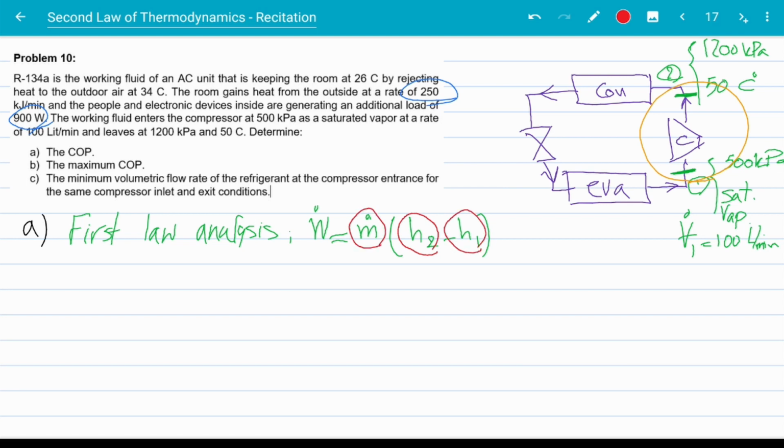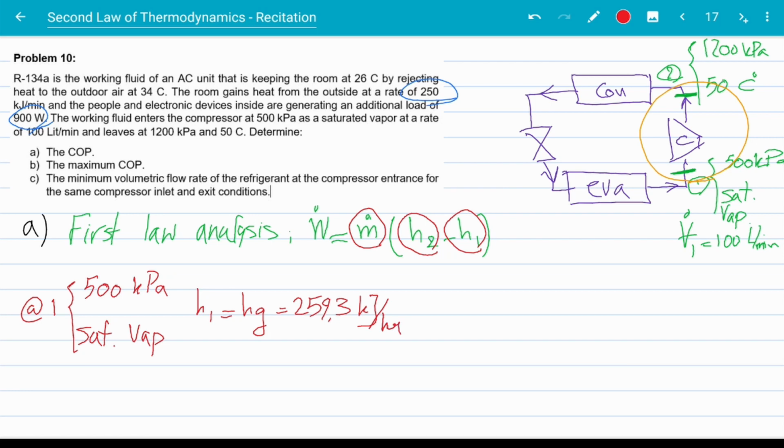Let's start with H1. So at state 1, we are dealing with 500 kilopascals pressure and saturated vapor. So H1 is H of G at 500 kilopascals. Check the tables, and you can see that H1 is 259.3 kilojoules per kilogram.